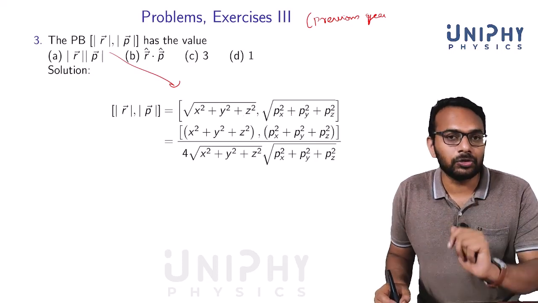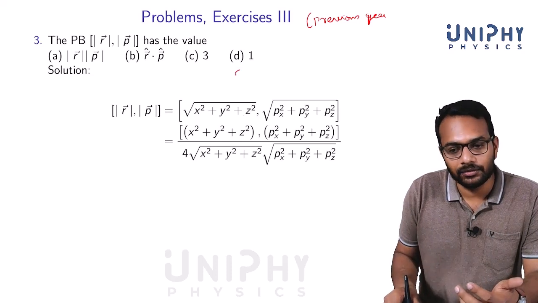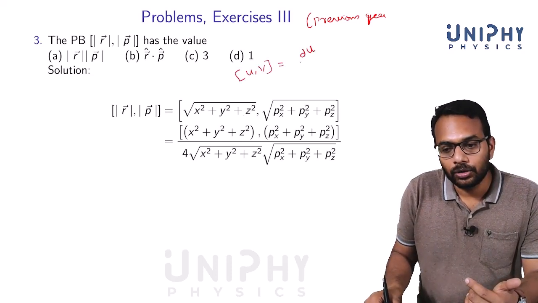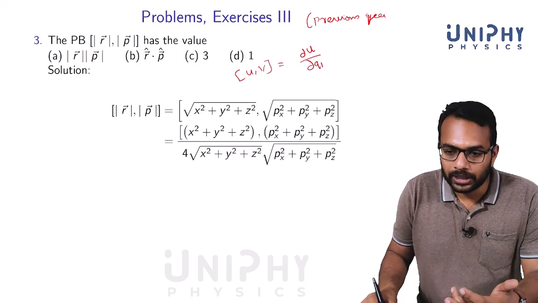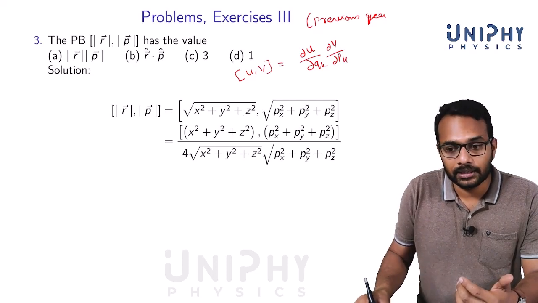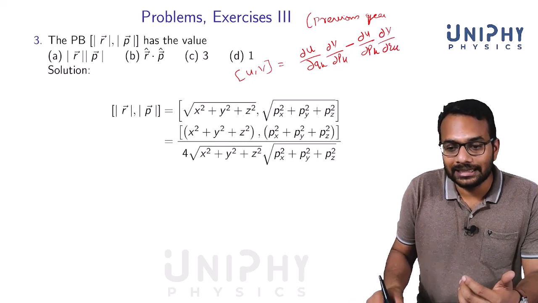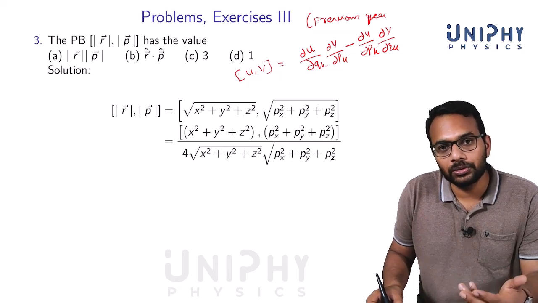Now one way to do this is to use the fundamental definition. If you have something like {u, v}, this is equal to the sum over k of ∂u/∂qk ∂v/∂pk minus ∂u/∂pk ∂v/∂qk. Remember there's a summation here. In this case, qk, that is q1, q2, q3, are x, y and z.